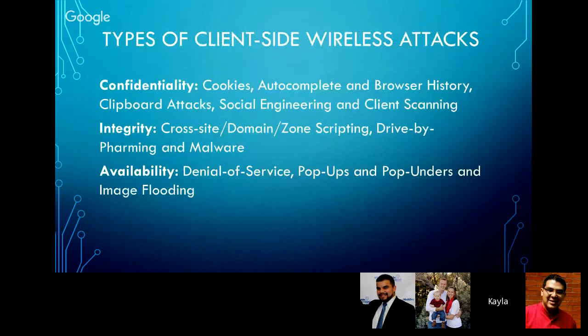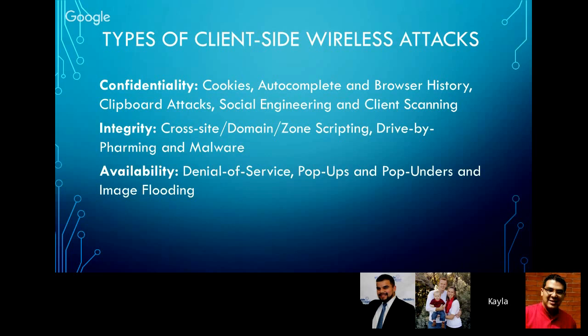So to divide them, we can differentiate between three categories: confidentiality, integrity, and availability. Confidentiality attacks are related to keeping information and resources secret from all but those that are authorized to interact with them.